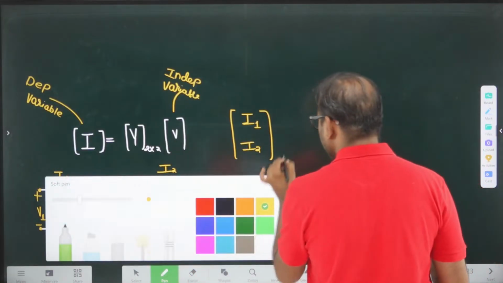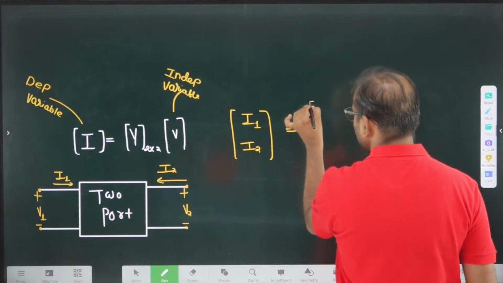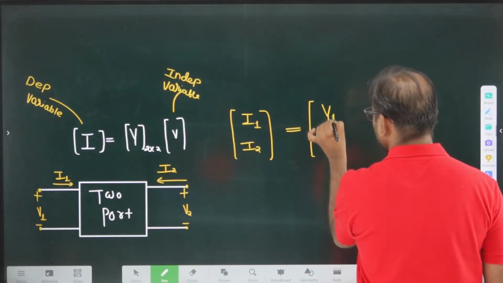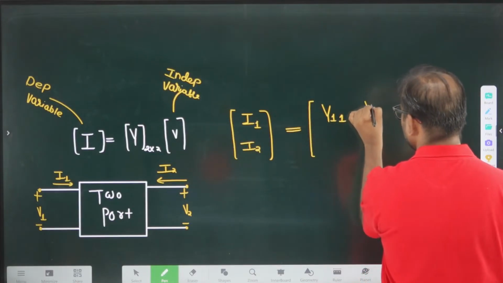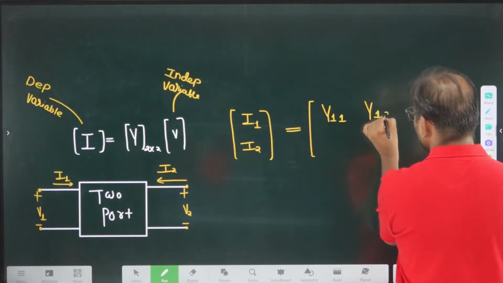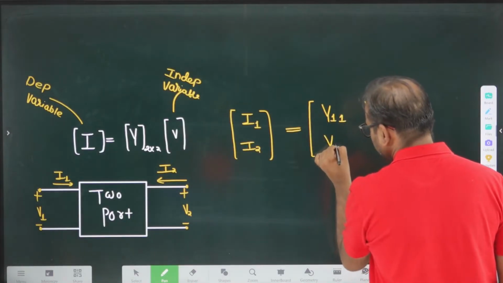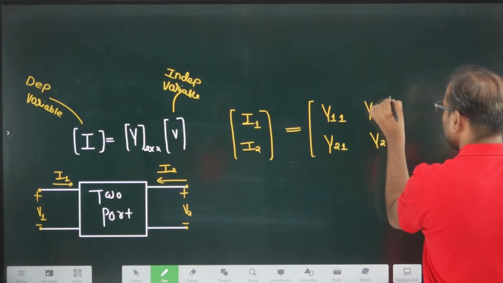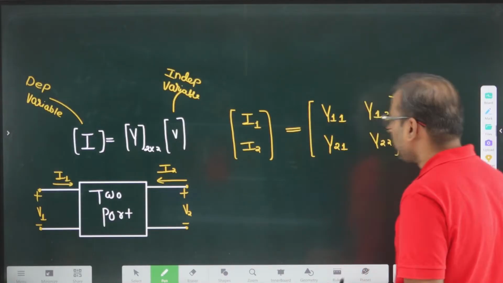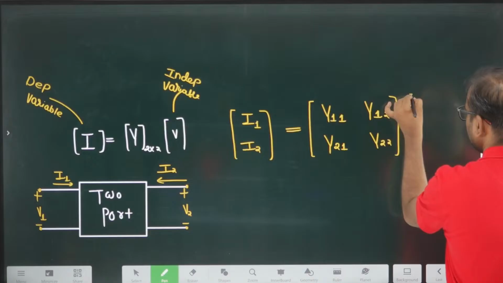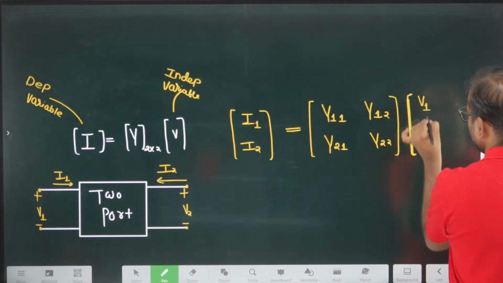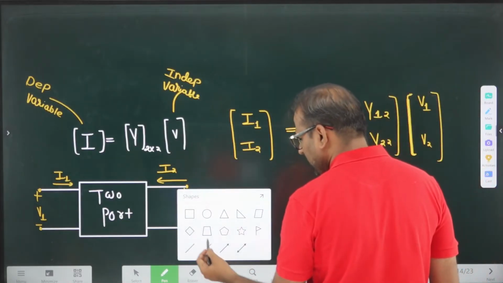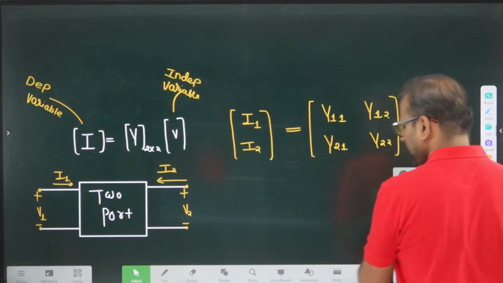So this is equivalent to Y11, Y12, Y21, and Y22 times V1, V2. And this parameter is known as the Y parameter.